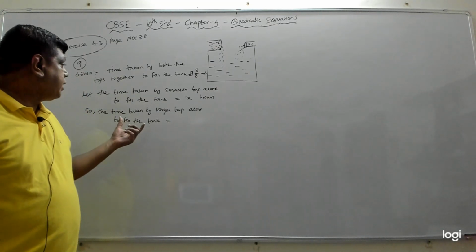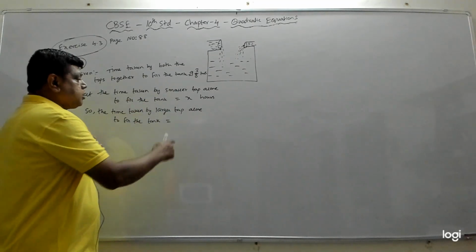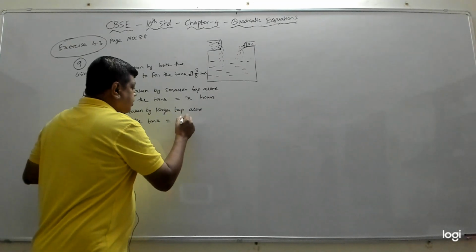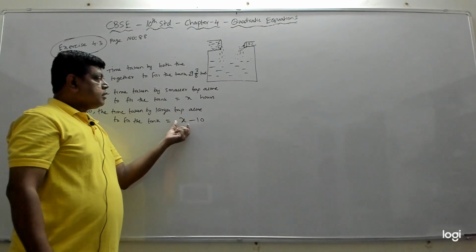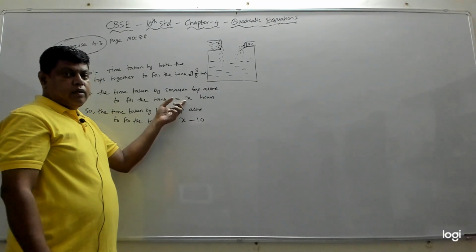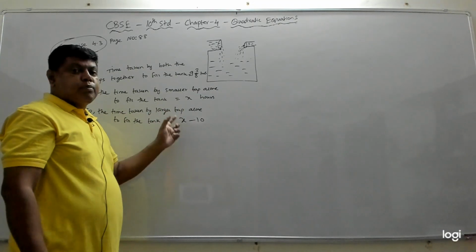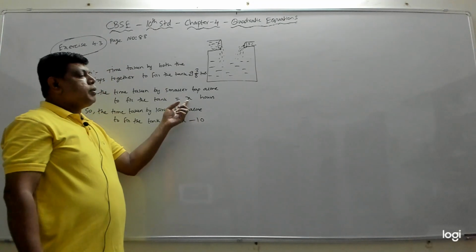So the time taken by the larger is 10 less than the time taken by the smaller one. So the time taken by the larger is x minus 10. Because the smaller tap, a tap with smaller diameter, takes x hours, the larger tap will take x minus 10 hours. It takes 10 hours less than the time taken by this.